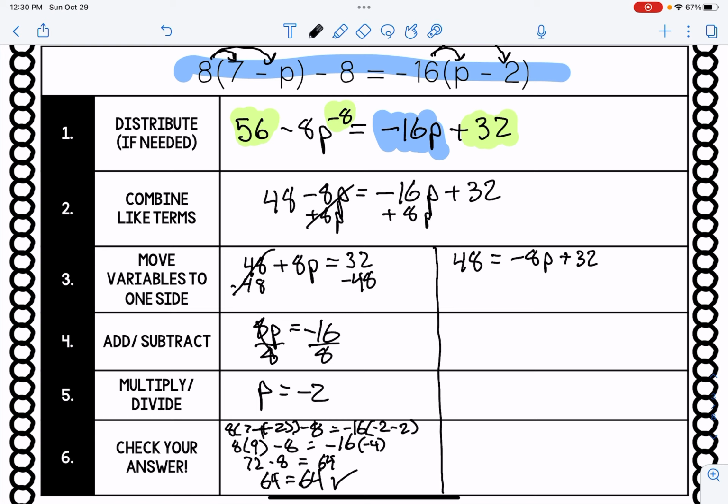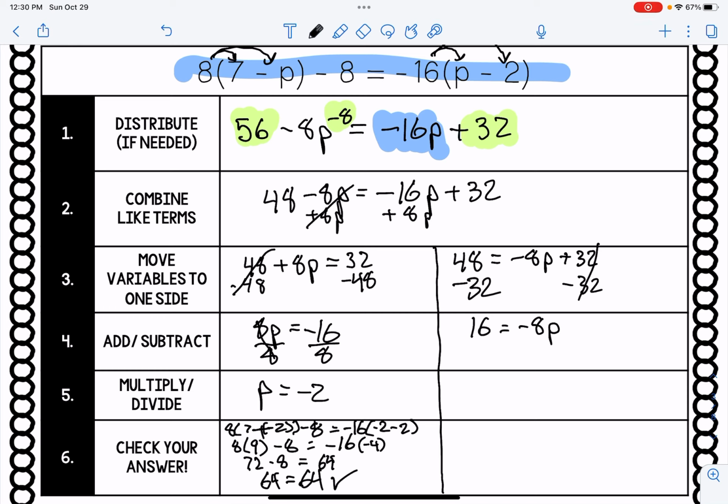All right, we are now at our add subtract step, so we need to subtract 32, subtract 32, zeros out, and we will have 16 equals negative 8p.